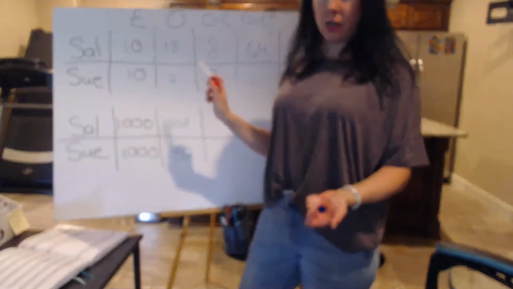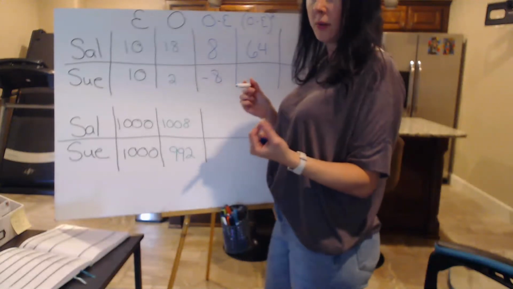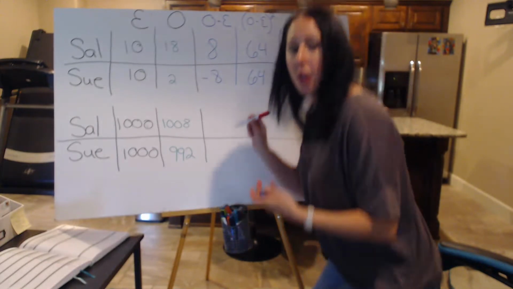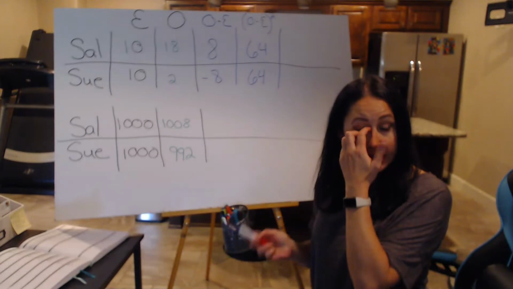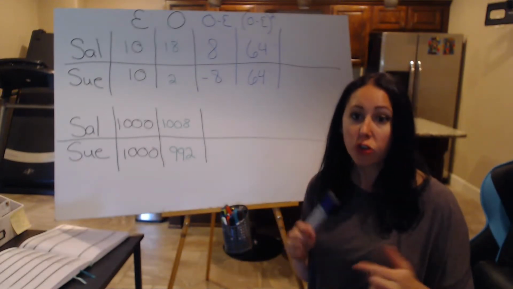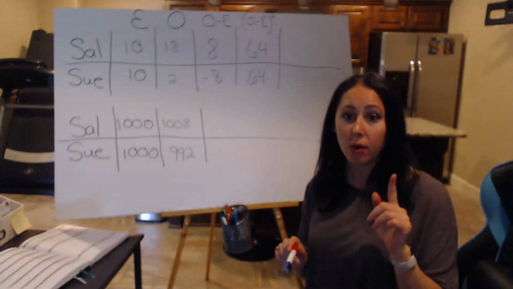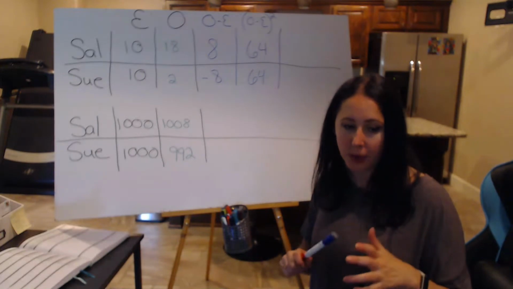What's negative 8 squared? Negative 8 times negative 8. Anytime you multiply two negatives, you get rid of the sign, so you still have positive 64, okay? So that's our next step. So we square O minus E to get rid of the negatives. So with chi-square, our chi-square table for significance is always going to be a one-way table because we're not going to have negative numbers because we're squaring them, okay?